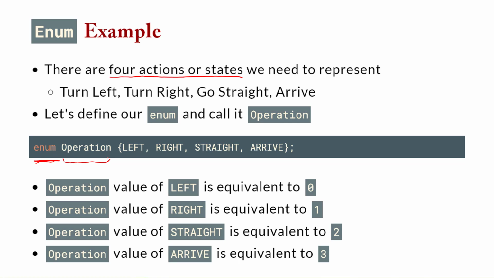So this is kind of like defining a class. You're defining the category of options that you're trying to create. And then you say, what options are available in this category? Well, there's left, right, straight, and arrive. And where did those come from? They came from you, right? You said, I'm going to make an easier way to label directions, and so these are the directions my self-driving car can take, right?